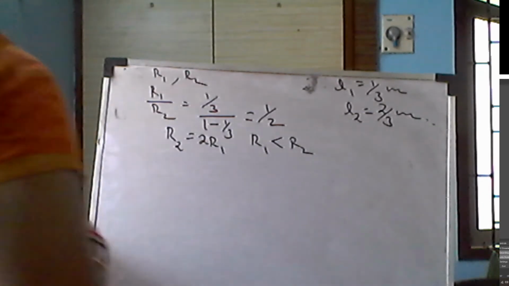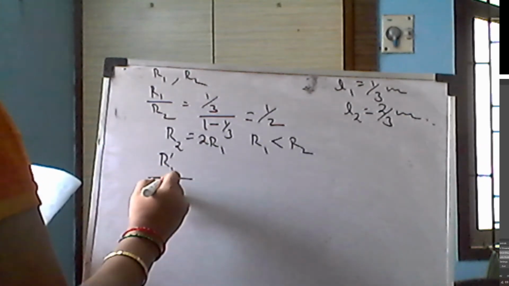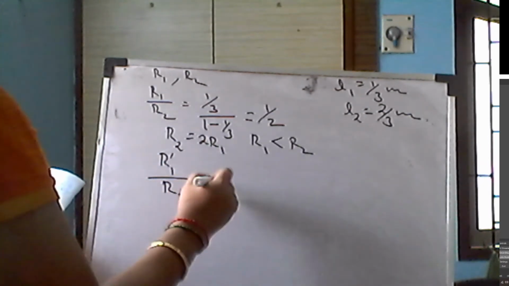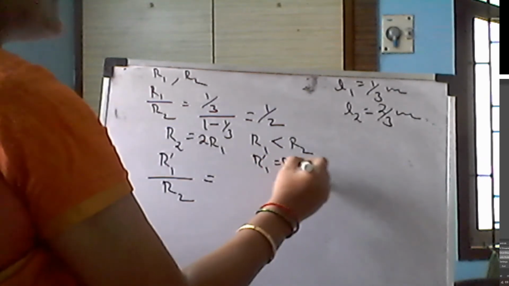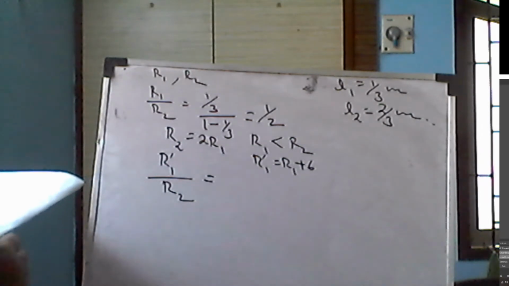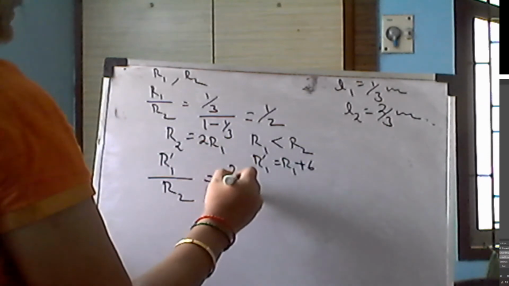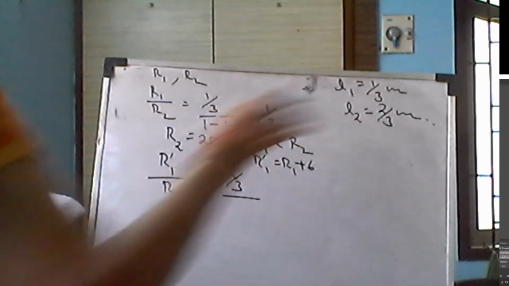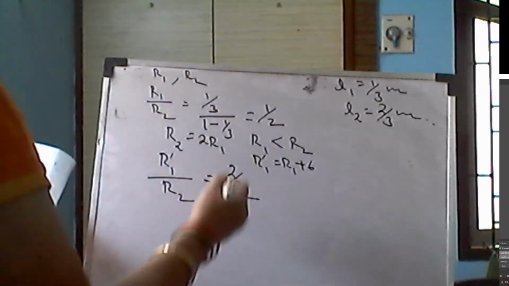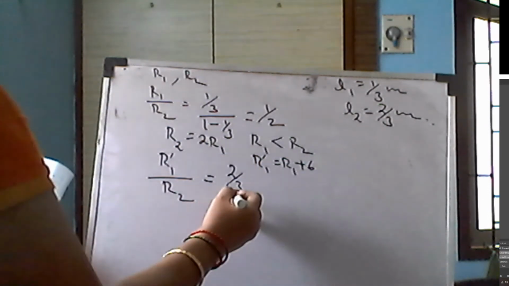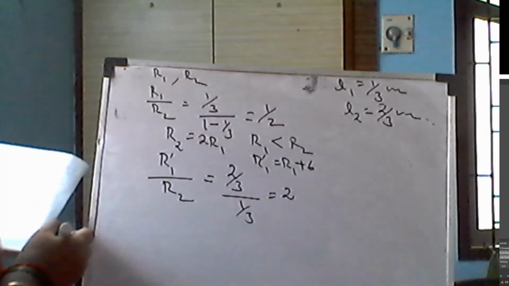In that case, R1 dash divided by R2, where R1 dash is nothing but R1 plus 6, is equal to 2 by 3 divided by 1 by 3, since it is given in meter, it is not 100 minus L, it will be 1 minus L. Which is equal to 2.